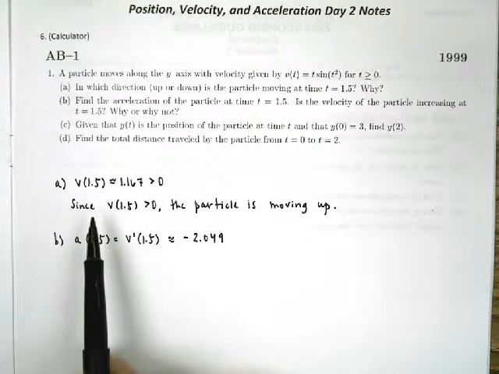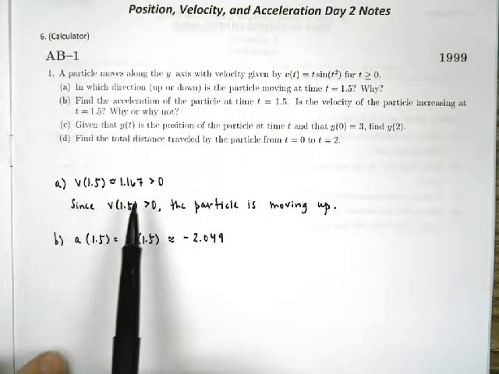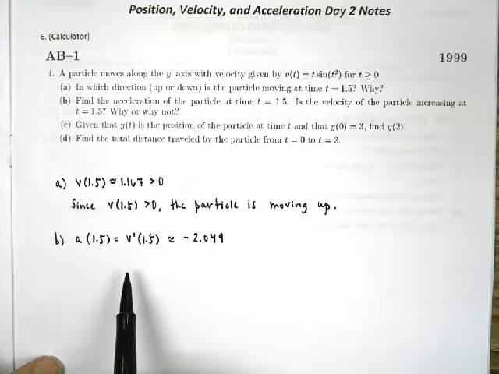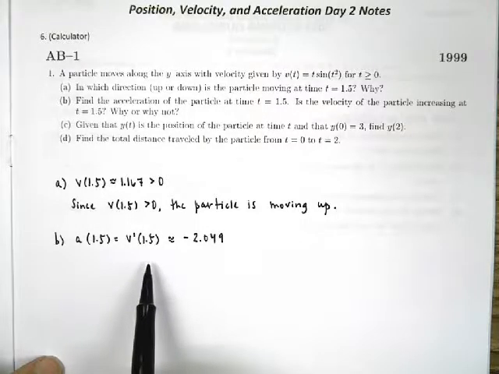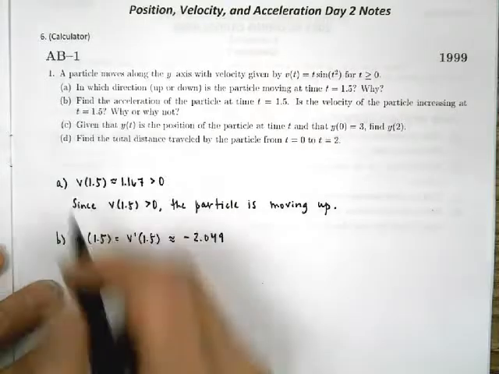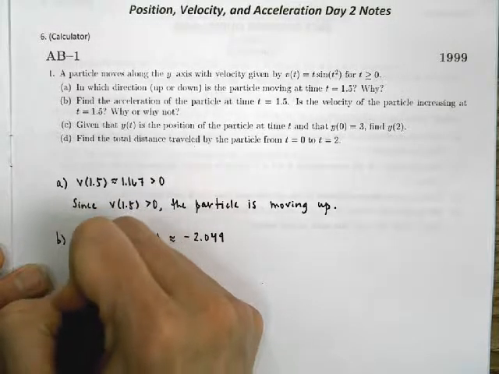Now, since I know velocity at 1.5 is greater than 0 and acceleration at 1.5 is less than 0, the velocity is going to be decreasing.